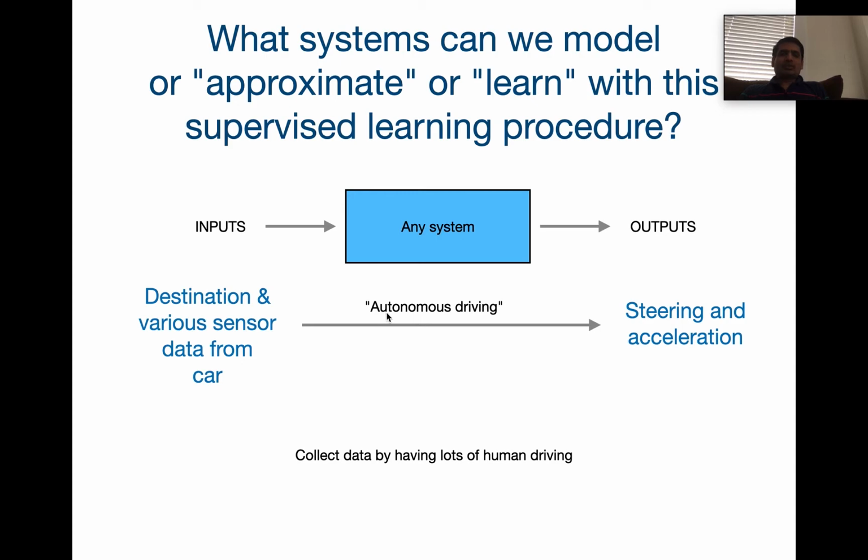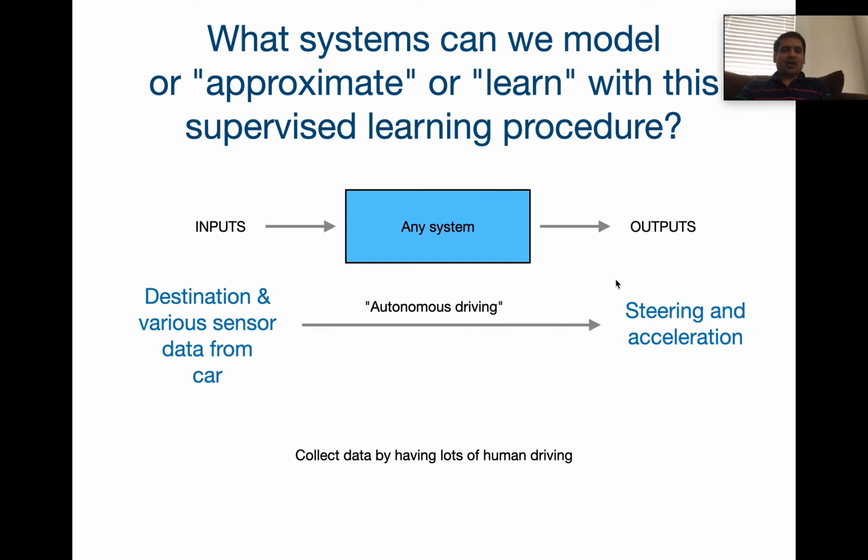So one way you could potentially imagine, I'm not saying this is a good way, but one way you can imagine building an autonomous driving function, if you will, is to collect data by having lots and lots of human driving in a car and just collect all the data that the human might have access to potentially.